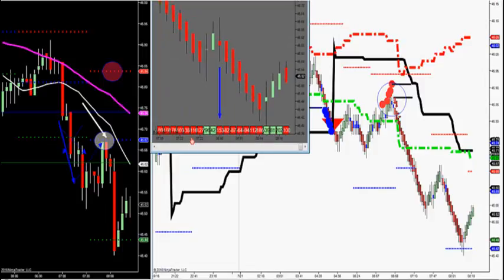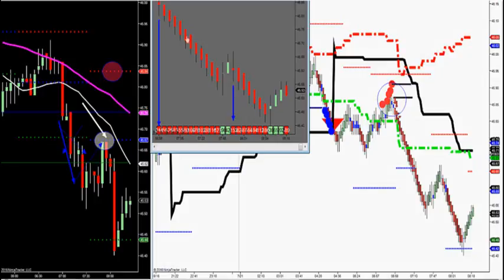Right here, here's negative market delta all the way down through. You can see negative market delta. Look at market delta right here. All sell side bias. There's our retracement after it broke through the LVA and also broke through right here. You broke through your LVA.